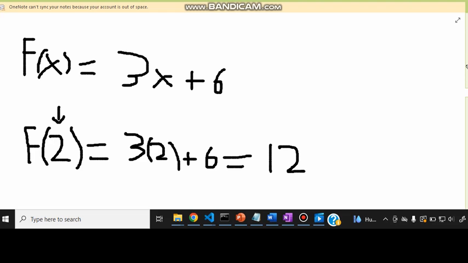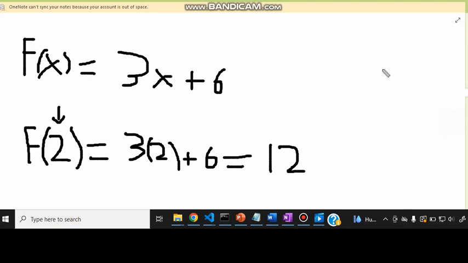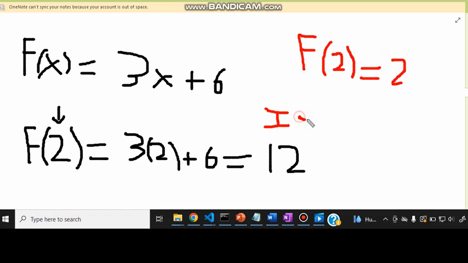Okay, so then we can say, I'll do it in red, the output of the function with an input of 2 gives us 12. So the input in this case is 2, and the output is f of 2.